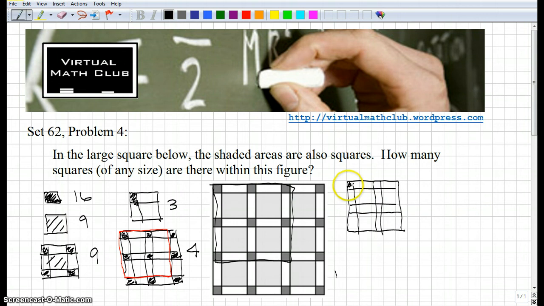Alright, so color these squares. We basically chopped off the bottom and the right hand side of this, and we can rotate it 4 times. We have 4 of these, and for every one of these we have 4 of these asymmetrical squares, so there's 16 of these.